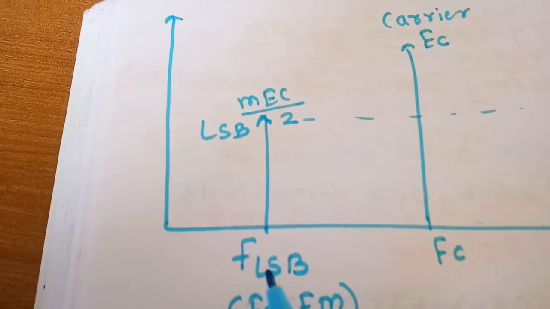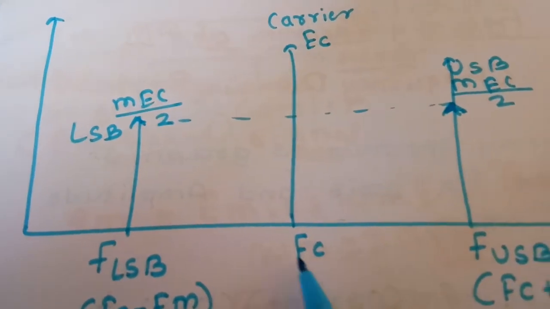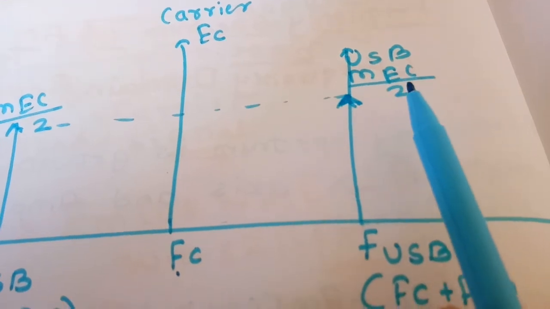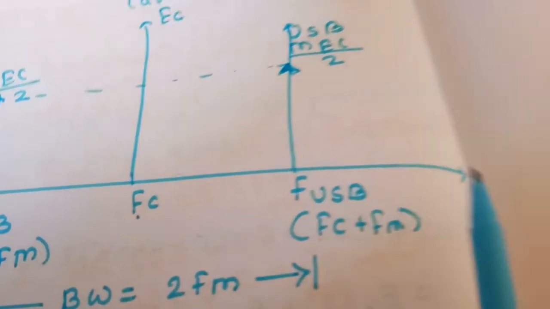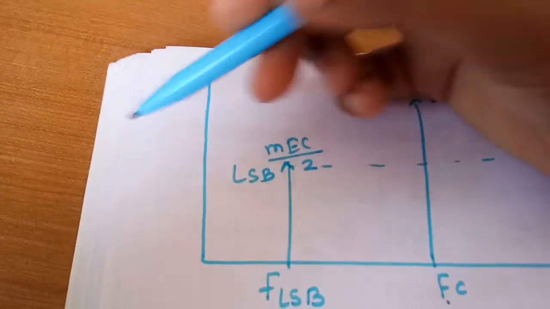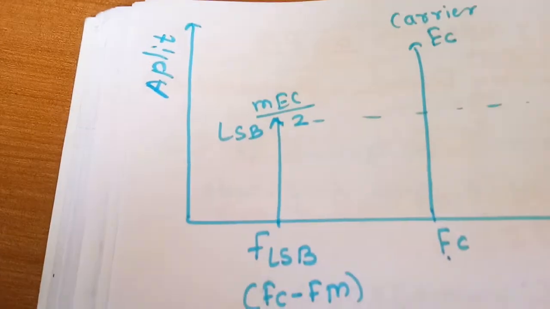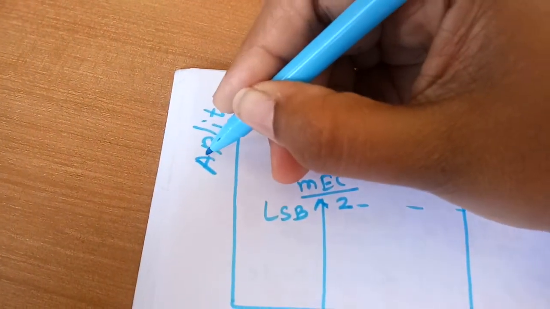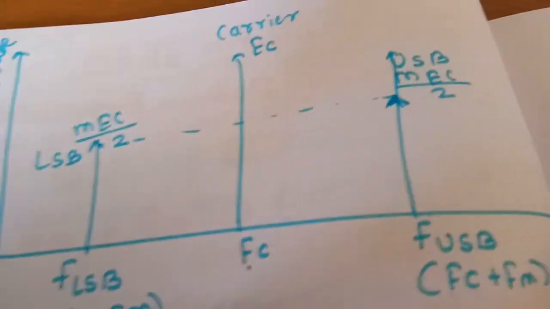The amplitude of the carrier wave is EC, and this is the carrier signal component. The amplitude of the upper sideband component is M EC by 2, at the frequency of the upper sideband. So we have completed this amplitude versus frequency graph.